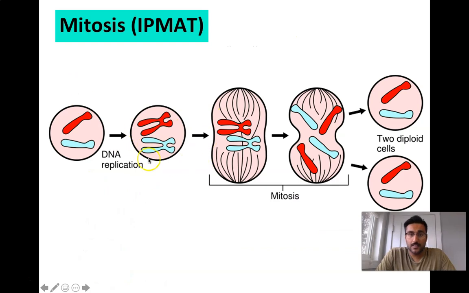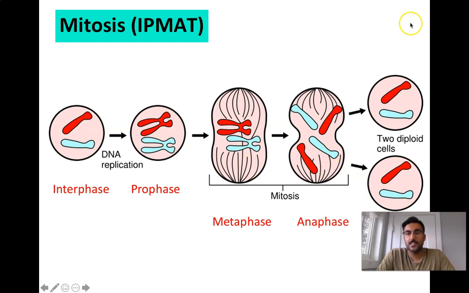So mitosis, the one we talked about last video, looks like this, right? You've got a body cell, a somatic cell, and it undergoes mitosis. So you have interphase, the preparation phase, and you go prophase, metaphase, anaphase, and then telophase, where they split into two new cells. And these two cells are identical to the original cell.